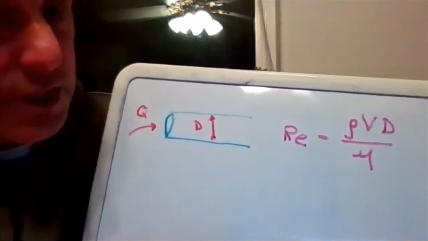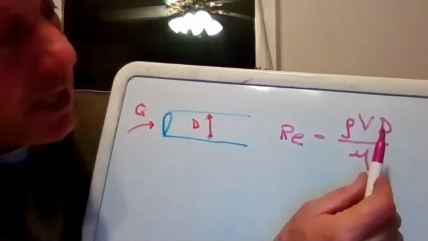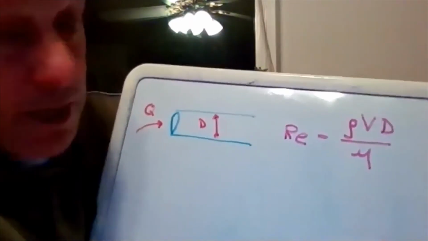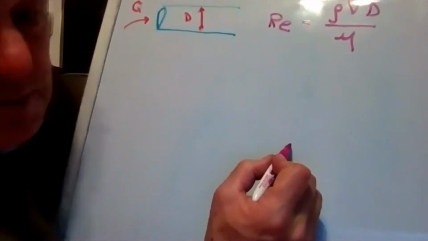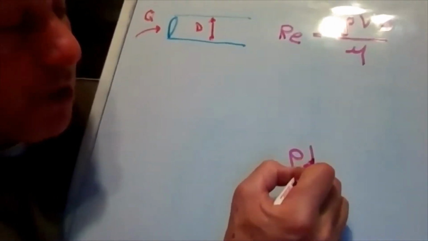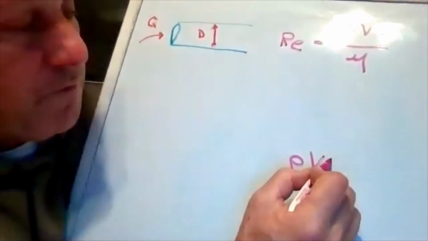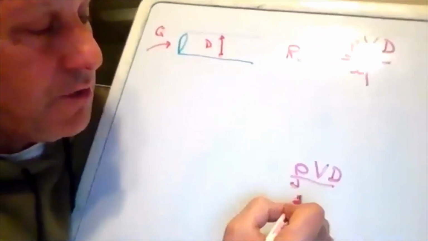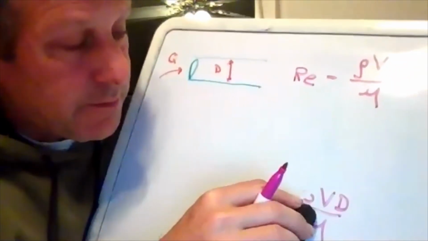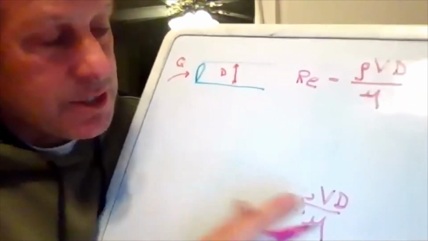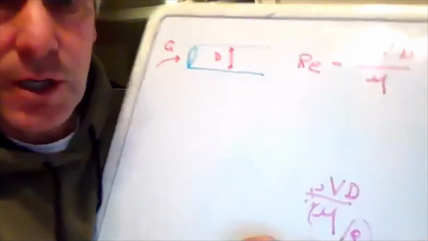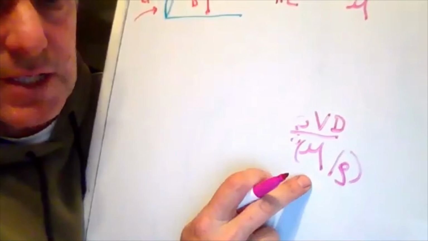In addition, you can see that we could take this density and move it into the denominator. I'll quickly write it down below and then summarize it. The expression for the Reynolds number would be, instead of rho V D over viscosity, I'm going to erase that density, and it's going to go down here in the denominator, and this term right here is the kinematic viscosity.